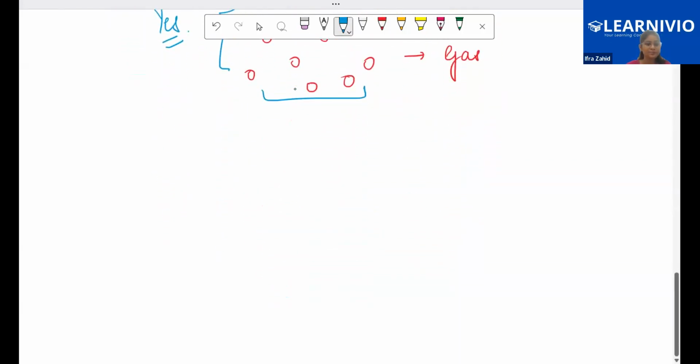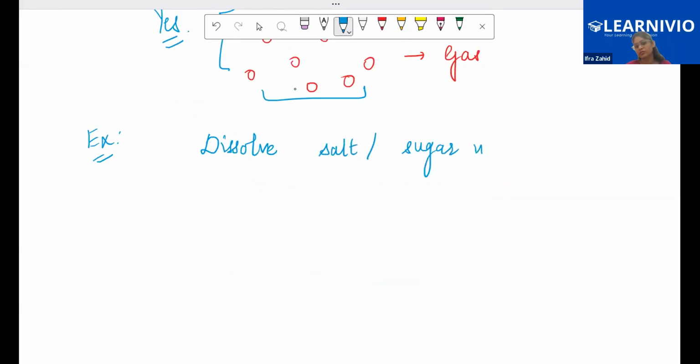Now, what happens? We'll take an example. When you dissolve salt or sugar in water, what happens? The salt gets dissolved in water.